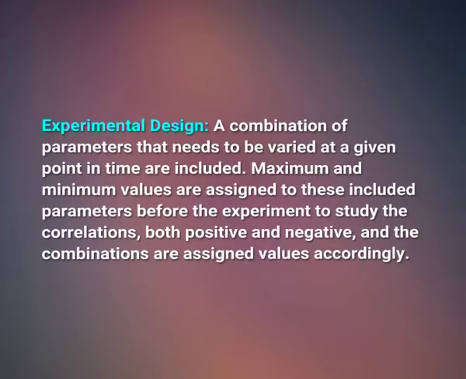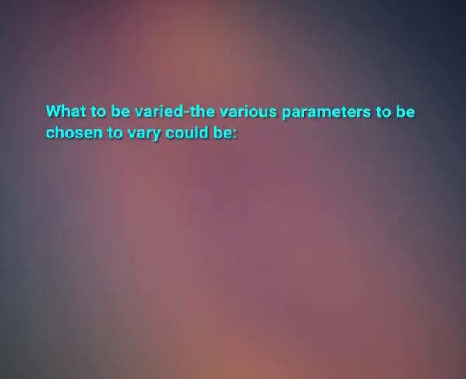The following parameters are required to be kept in mind while analyzing. Experimental design. A combination of parameters that needs to be varied at a given point in time are included. Maximum and minimum values are assigned to these included parameters before the experiment to study the correlations, both positive and negative, and the combinations are assigned values accordingly. What to be varied?